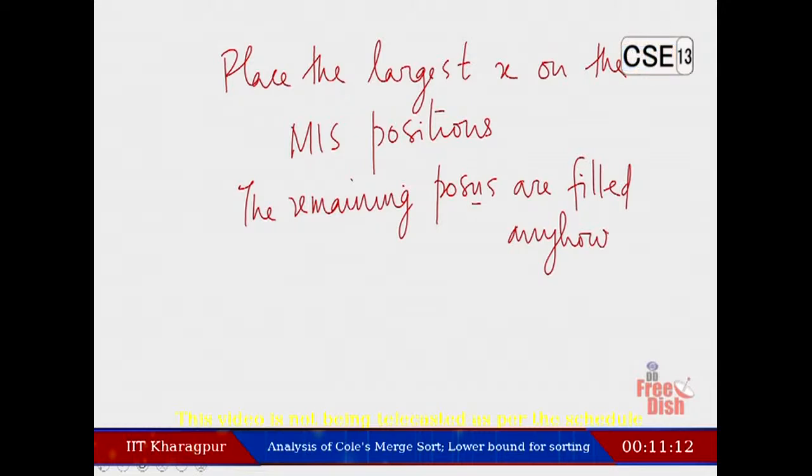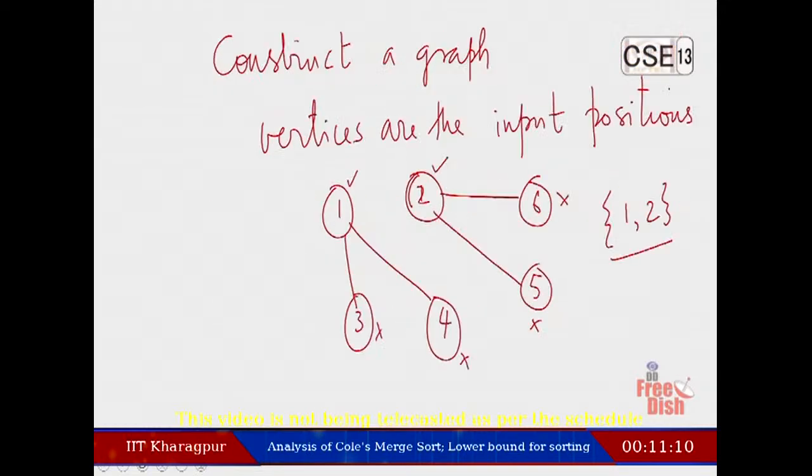What this means is that in our example, the maximal independent set consists of vertices 1 and 2, and we take an input of size 6, some 6 elements that are linearly ordered, and then we place the largest 2 elements at positions 1 and 2. The remaining 4 elements are placed at positions 3, 4, 5, 6.